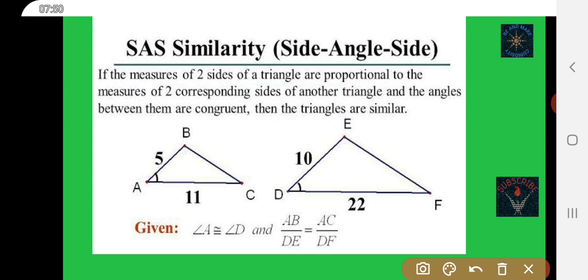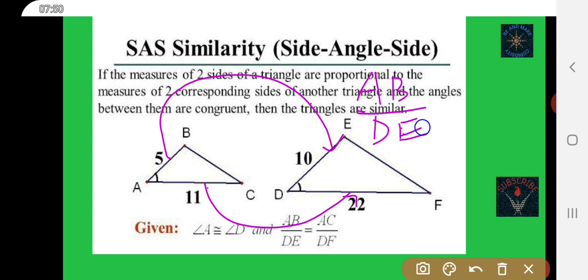Here you see this side corresponds to side DE, AC corresponds to DF, and you find their ratios. Here you find AB by DE.